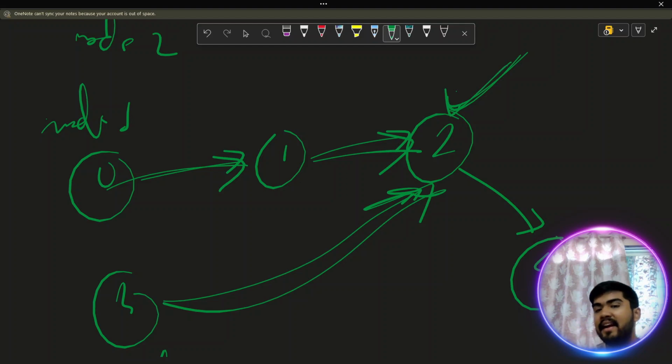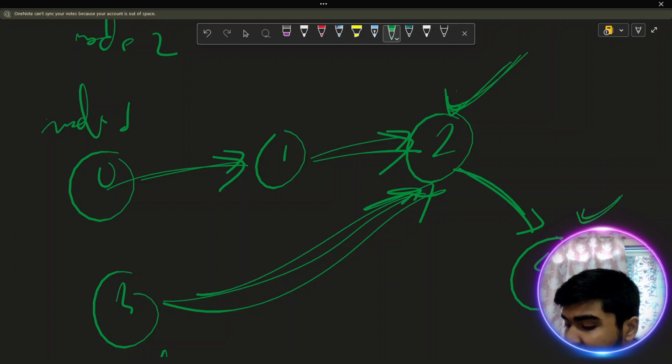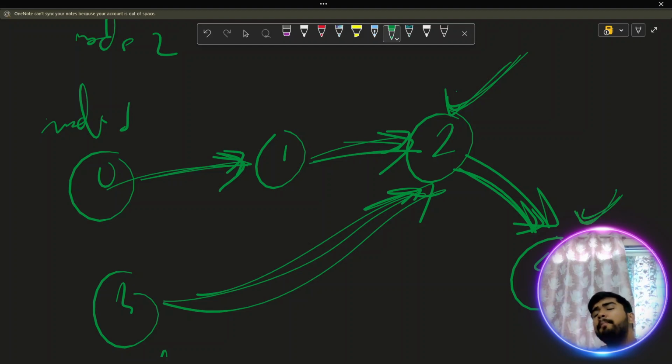Agreeing, guys? Do we have any more nodes? Yes, you can reach this node also, and this. So these two nodes are reachable from both the nodes.